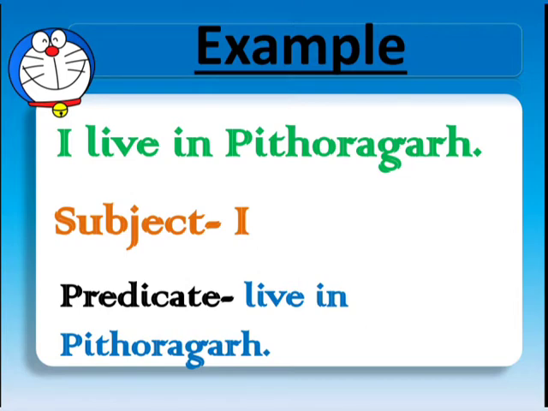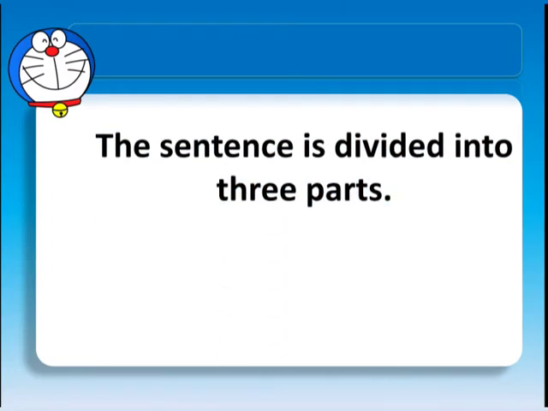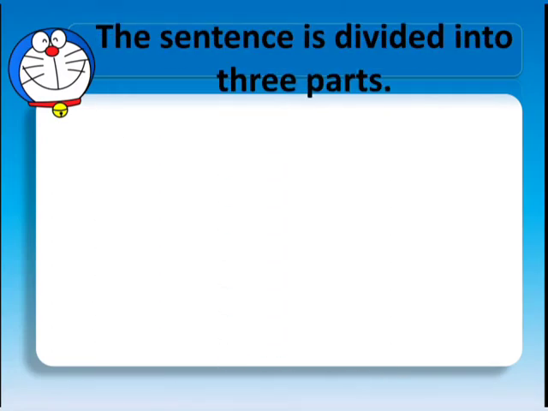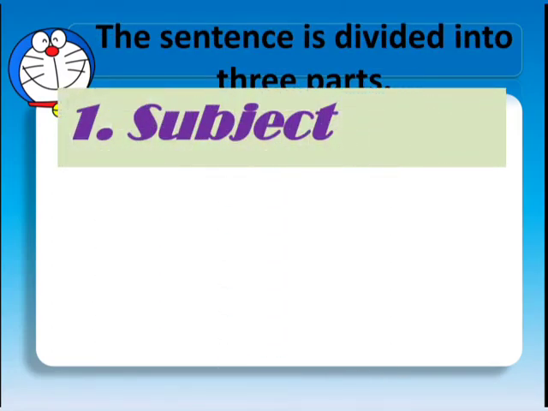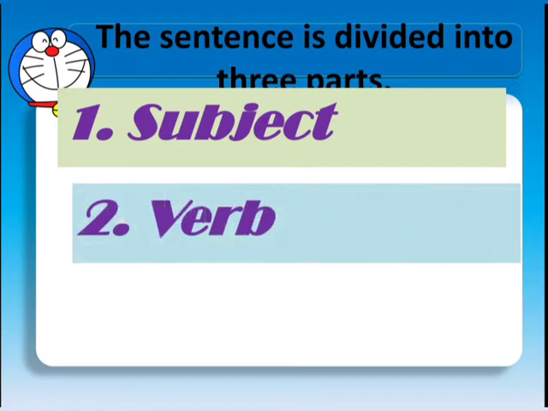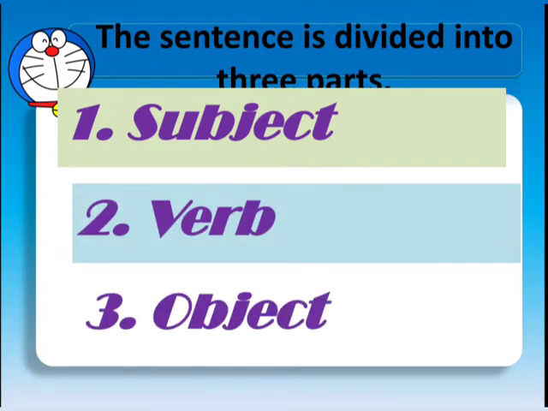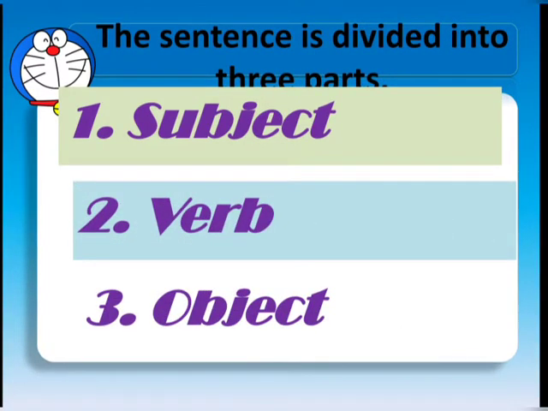That we have learned. Now, students, this time we are going to divide a sentence into 3 parts. Subject remains the same. Then we are going to divide predicate into 2 parts, and those 2 parts are verb and object. So babies, we know what is subject, and we know what is verb.